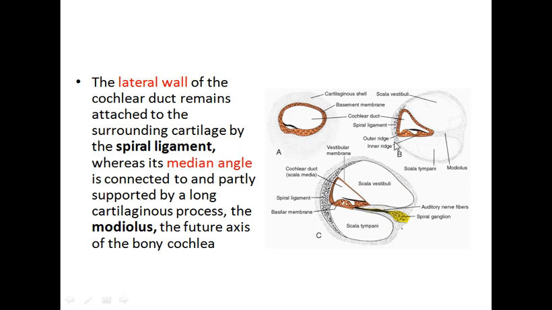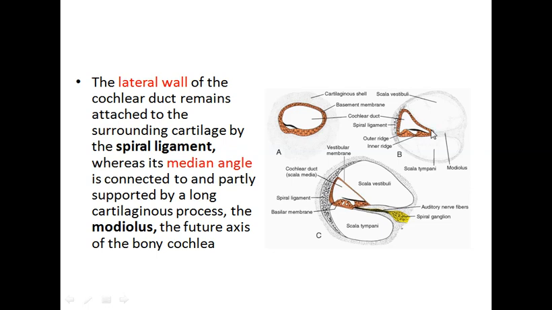ठीक है, इसका जो lateral end है, this is the lateral edge, right? ये जो है इसके surrounding cartilage के साथ, अब हम इसे surrounding mesenchyme नहीं कहेंगे, it is the cartilaginous shell, right? इसके साथ it is attached via spiral ligament. This is the spiral ligament, right?